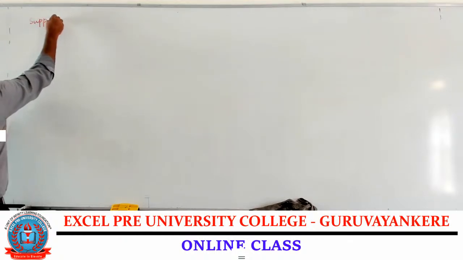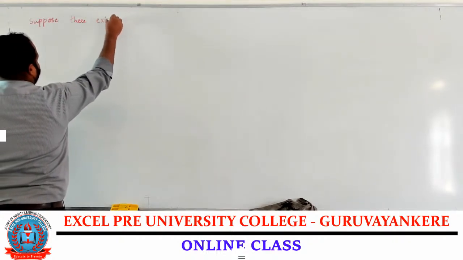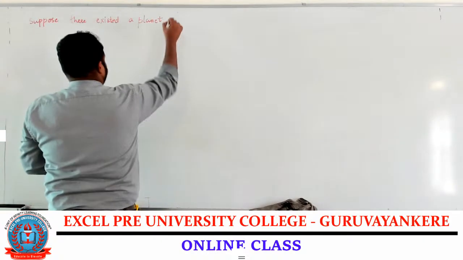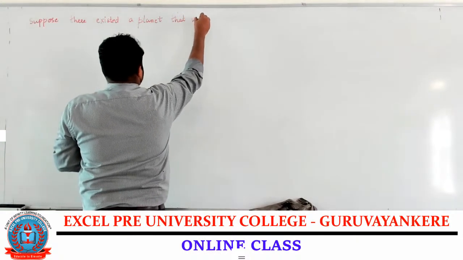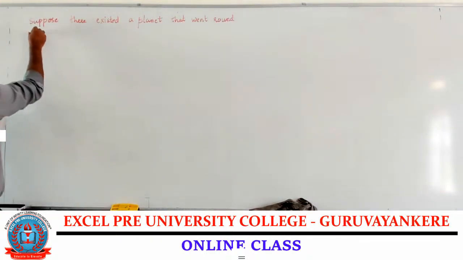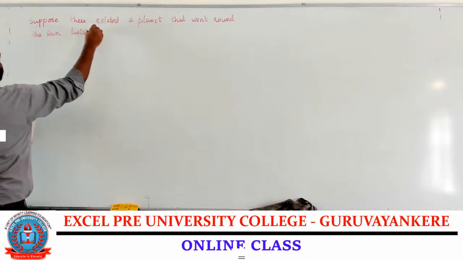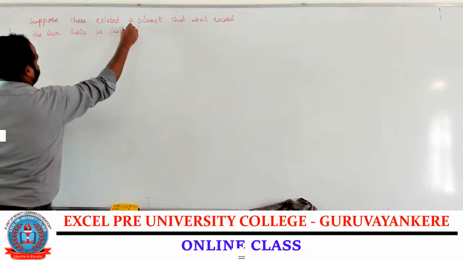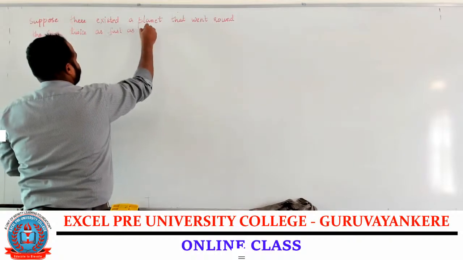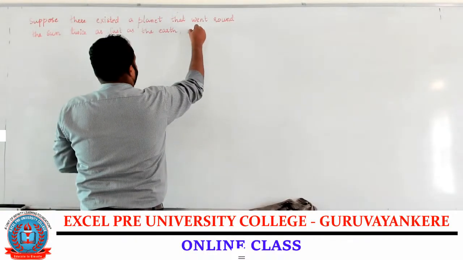Suppose there existed a planet that went round the sun twice as fast as the earth.